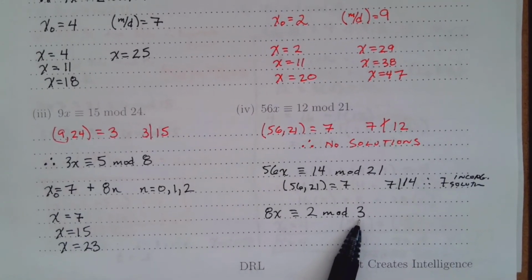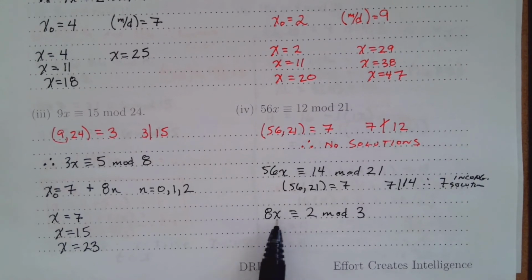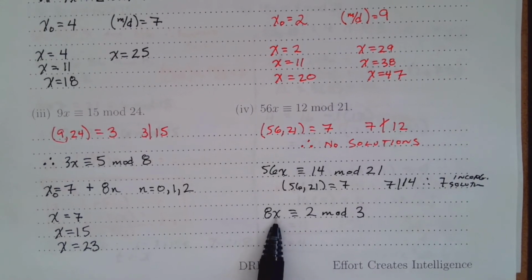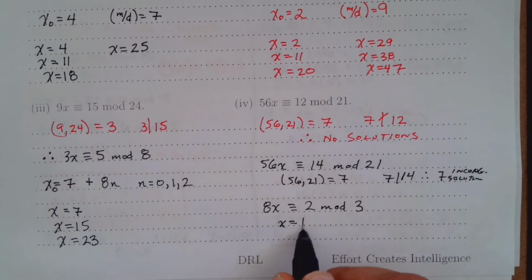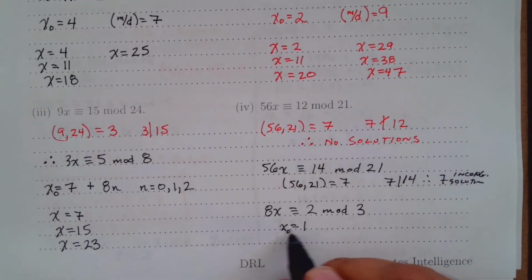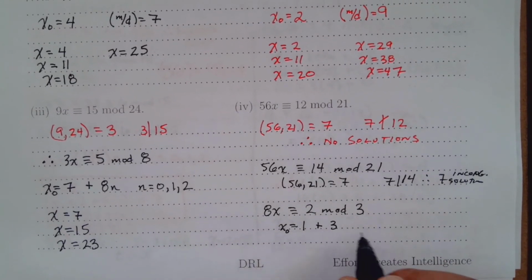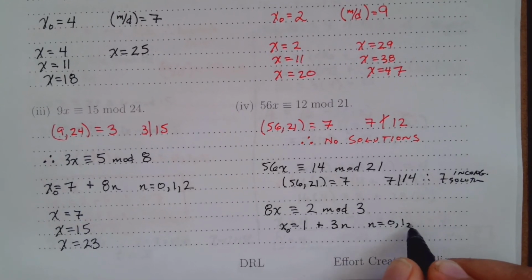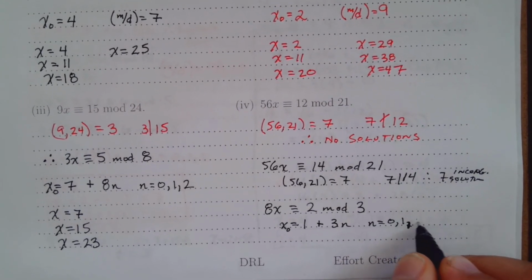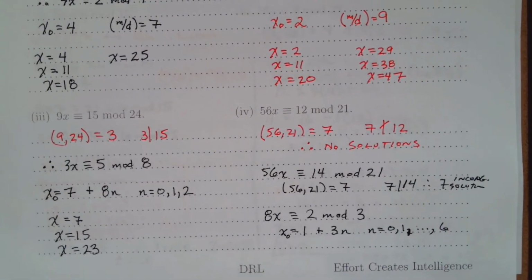Okay, and if that's the case, we can check this out. If x is equal to 1, that's going to be 8. 8 is 2 more than 6, so x equals 1 is a solution. And my x naught will be equal to 1, and my other solutions will be plus 3n, where n is equal to 0, 1, all the way to 6, to represent my 7 incongruent solutions.